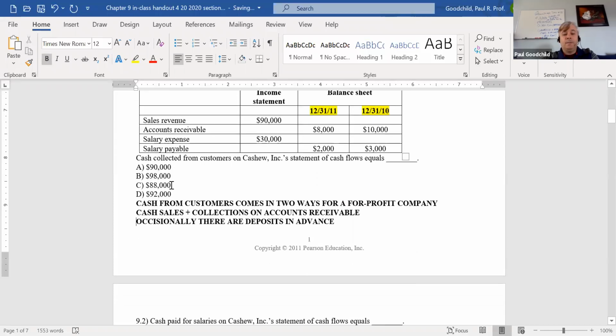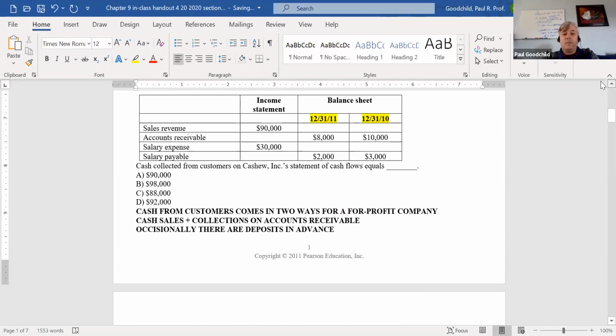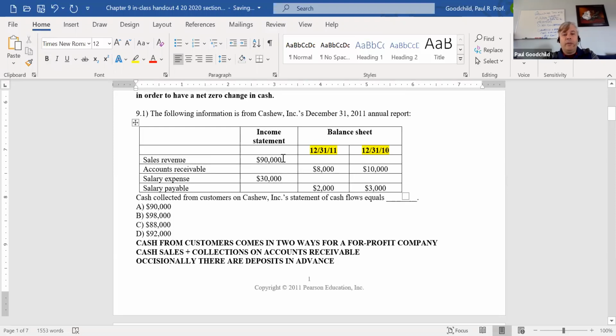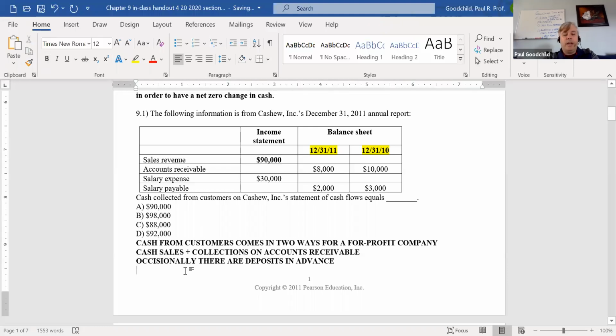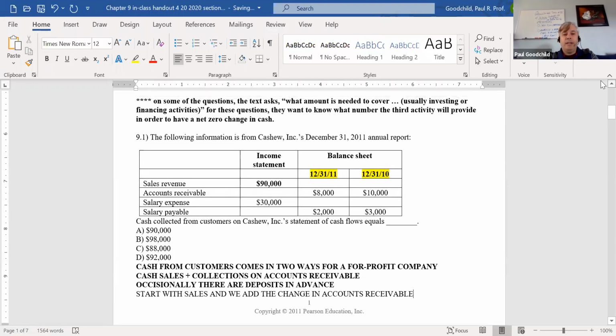So we look at the information and we have sales revenue of 90,000. So we start with sales, 90,000, and then we add the change in accounts receivable. When we look at accounts receivable, the balance went down.